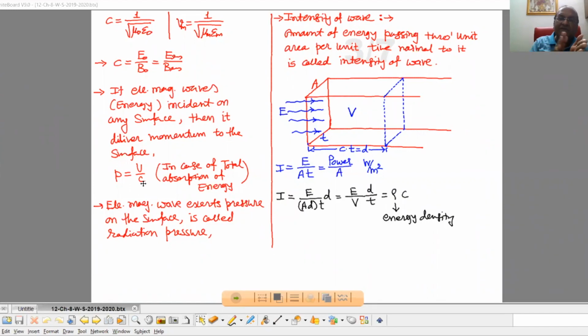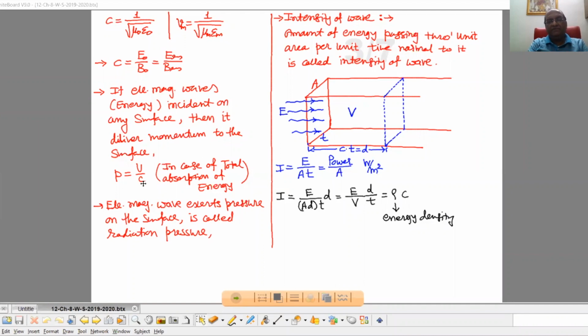If momentum is exerted on the surface, it implies that the electromagnetic wave exerts some pressure on the surface, and that pressure is called radiation pressure.